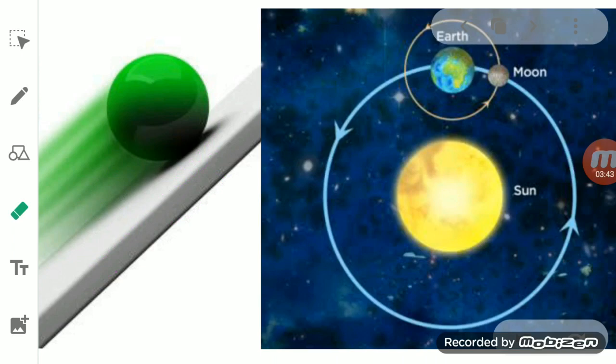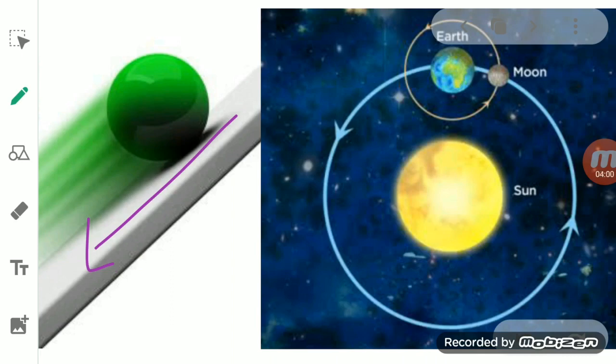So again here, since it is moving in a straight path, it is showing rectilinear motion, while moving it is rolling, and that's why we can say it also shows rotational motion.